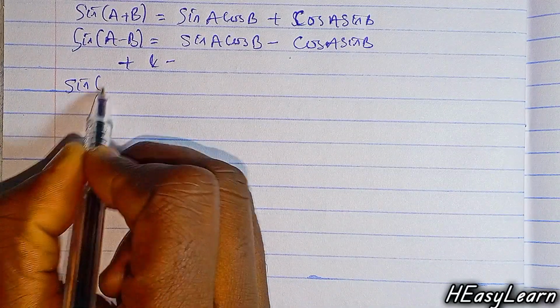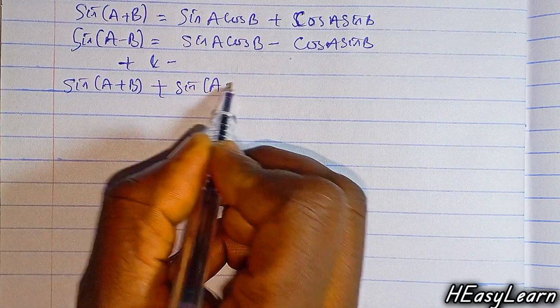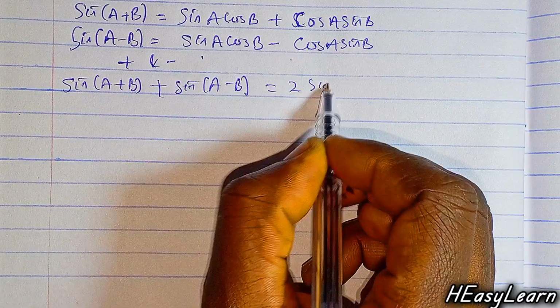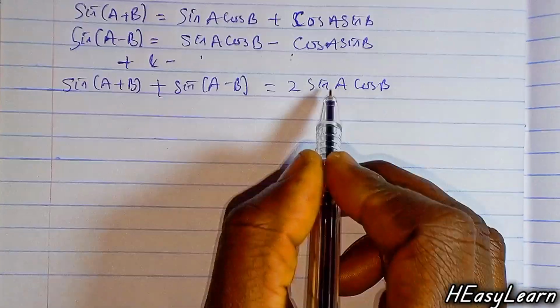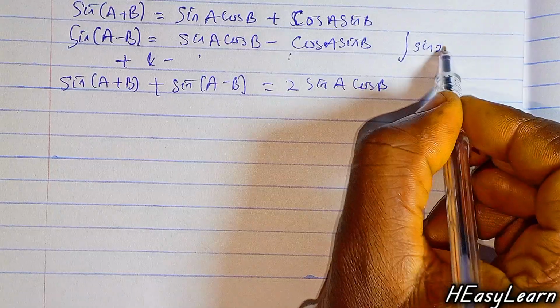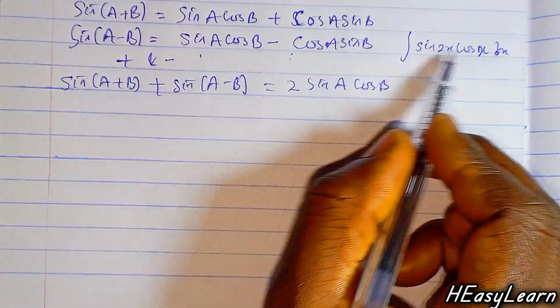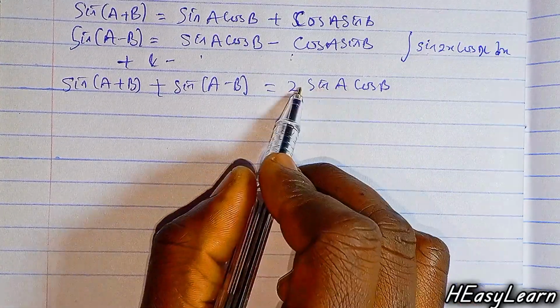Adding the two, we have sin(A plus B) plus sin(A minus B). Here is going to be twice sin A cos B, and the other terms will go away. We only need this in a case when they ask to integrate sin 2x cos x dx, where sin and cos are mixed together.